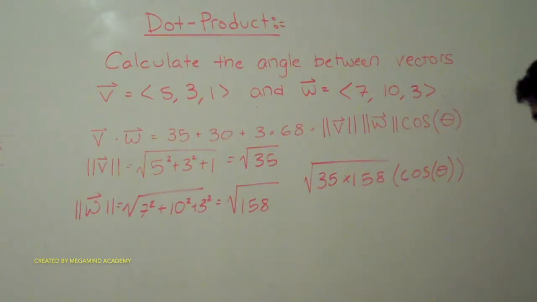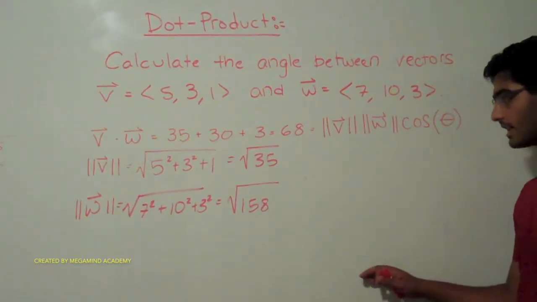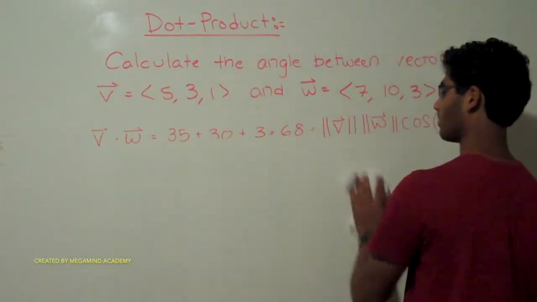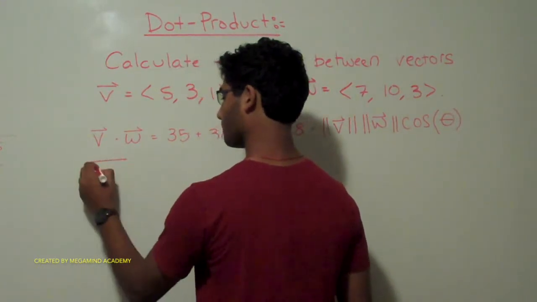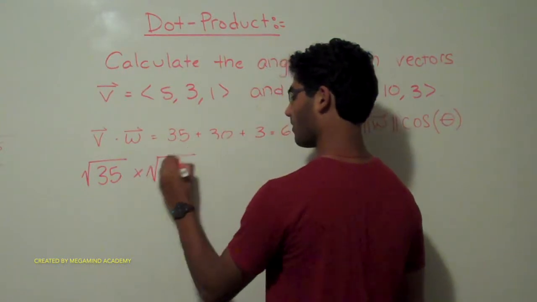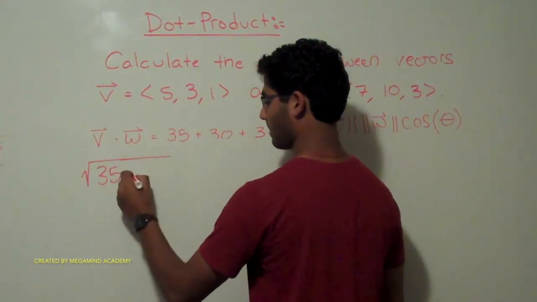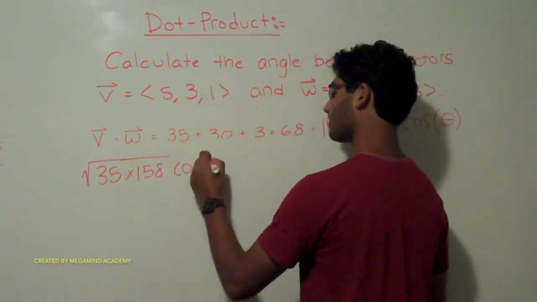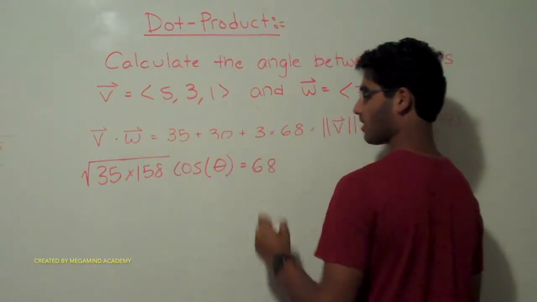Actually, let's just shift this over. So I'm going to erase this, so write it down. We know that the square root of 35 times the square root of 158, which is the square root of 35 times 158, times cosine theta is equal to 68.